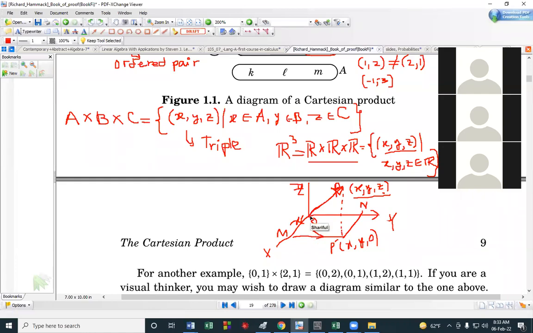So you started here, reached this point, and then parallel to the Y axis, you came up to this point, P dash. So how much did you travel along this line? X, this is the first component. And then how long did you travel parallel to this axis? MP dash, which is the second number Y.